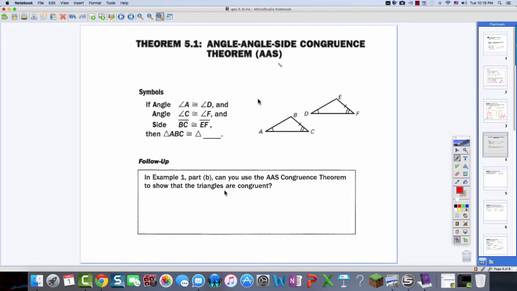Here's another theorem. This one is AAS. It says that if I have angle A, notice that it's just one marker, and angle D are congruent, and I have angle C, two marks, and angle F are congruent, and then I have a third marked pair of sides, BC and EF, I can therefore draw the conclusion that triangle ABC is congruent to triangle DEF.